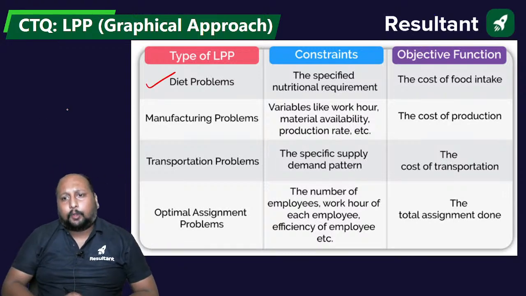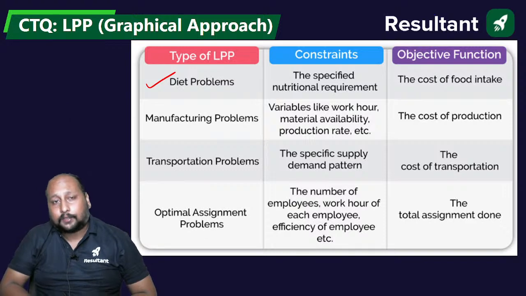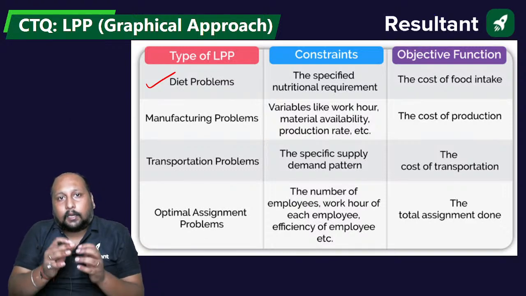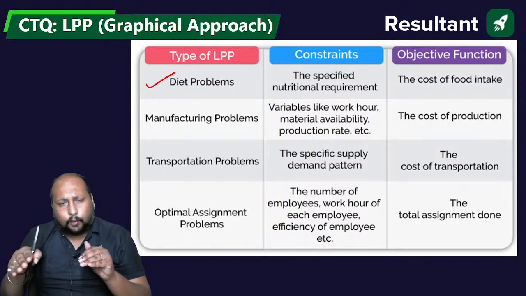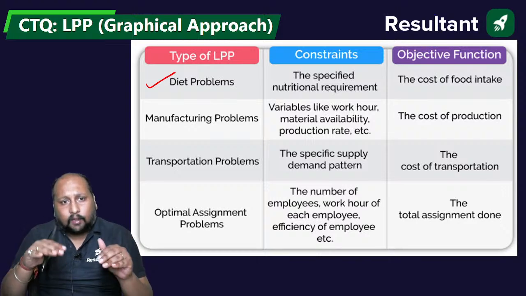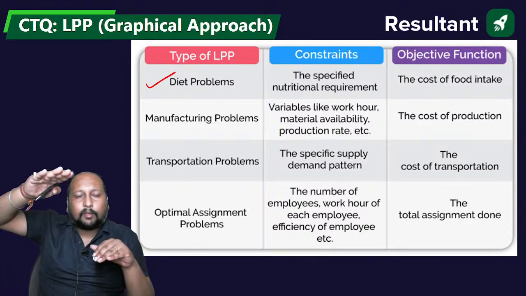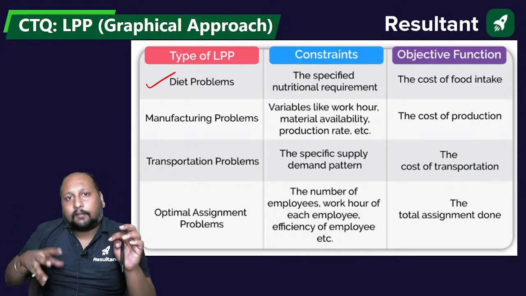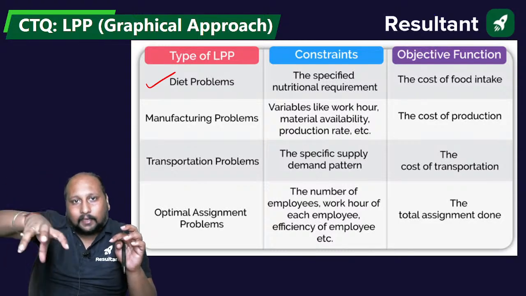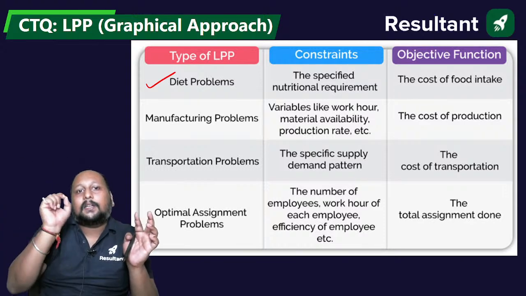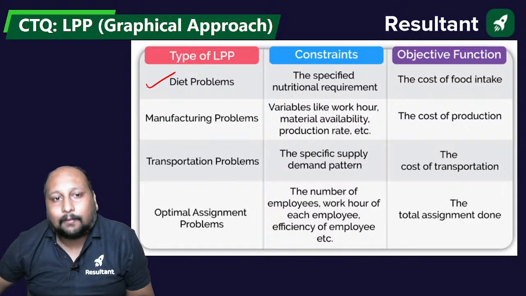You might have seen nutritionists or dietitians: they say you need to have this much carb, this much protein, this much carbohydrates, this much fat. Basically, we have n number of food ingredients, and which best combination will suit your body, that particular problem we can solve by using this LPP.